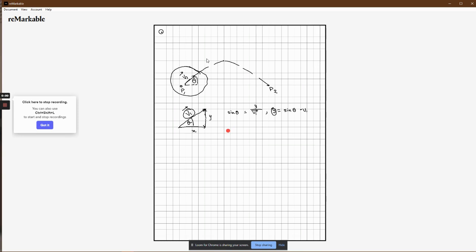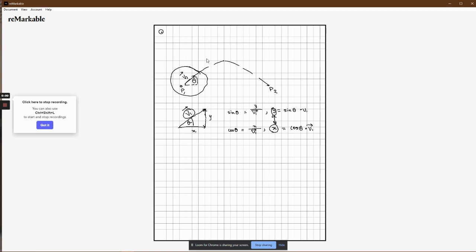Now cos theta is equal to your x component over v1. So x would have to equal cos theta multiplied by v1. Now you've got your vertical and horizontal components.